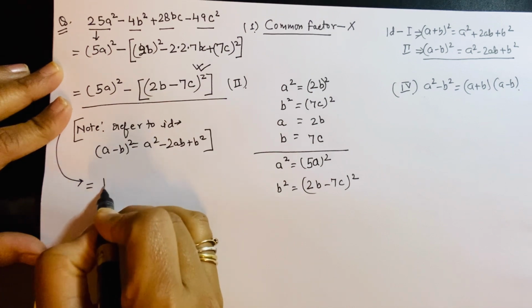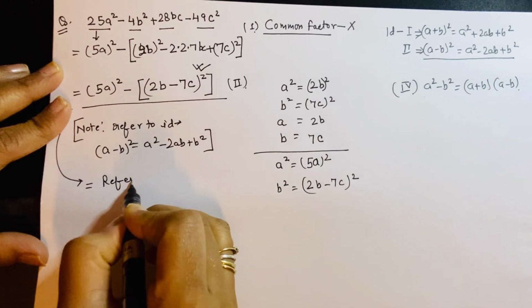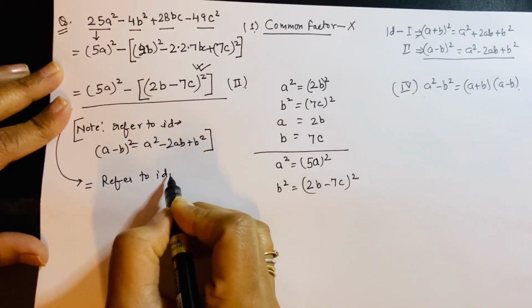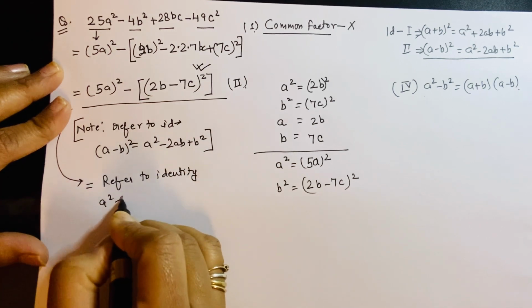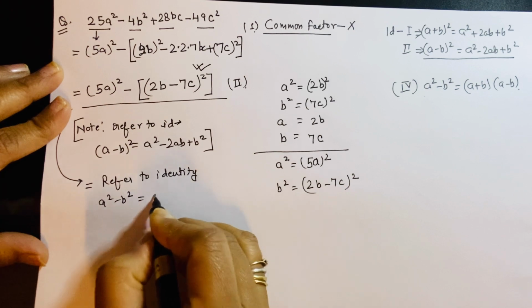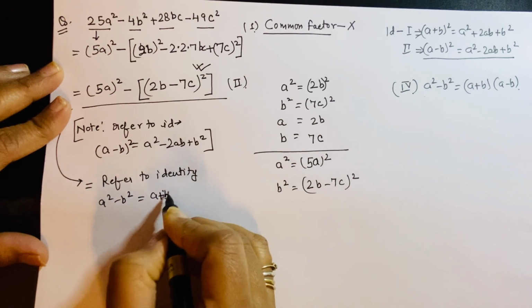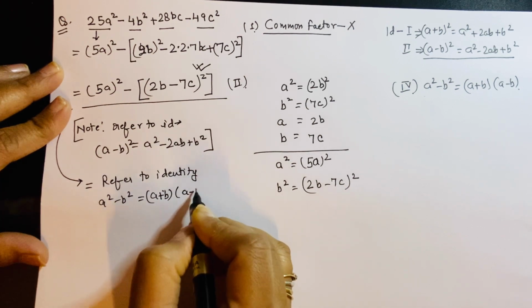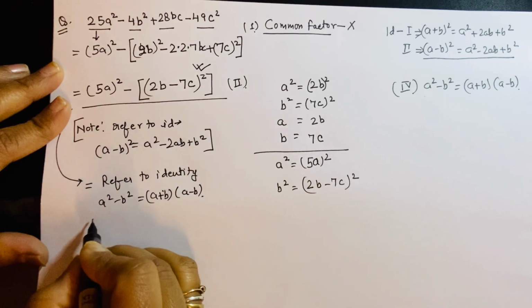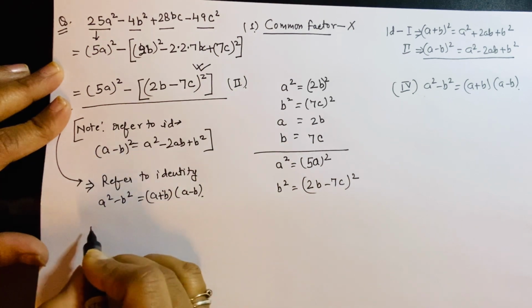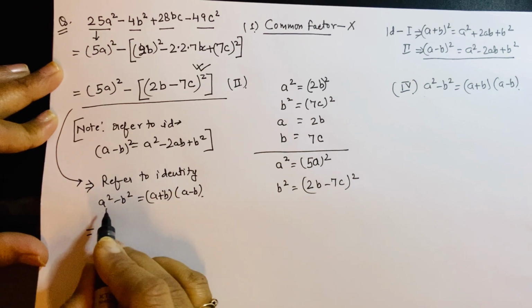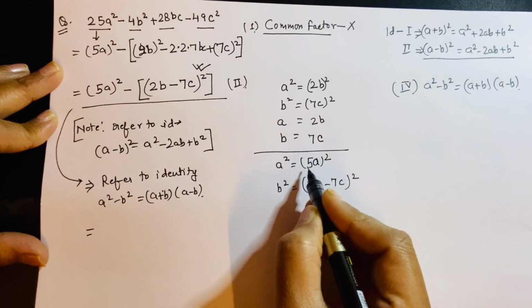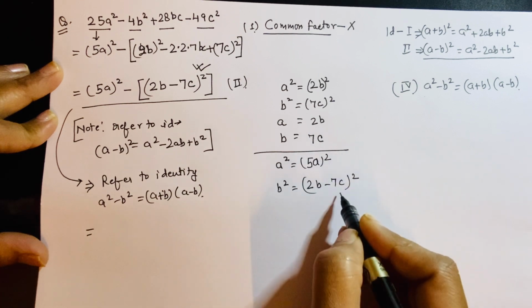So you will refer to the identity a square minus b square equal to a plus b, a minus b. After this you will write, this equation becomes, and you will write here also that a square is this, b square is this.